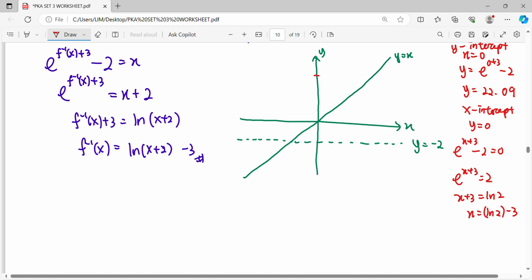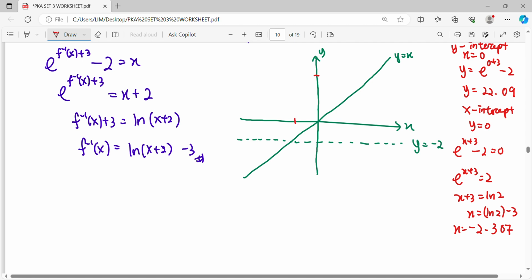Be careful with this ln 2: the 2 is for the ln only, and only after that minus 3. So we get negative 2.307. This is our x-intercept.